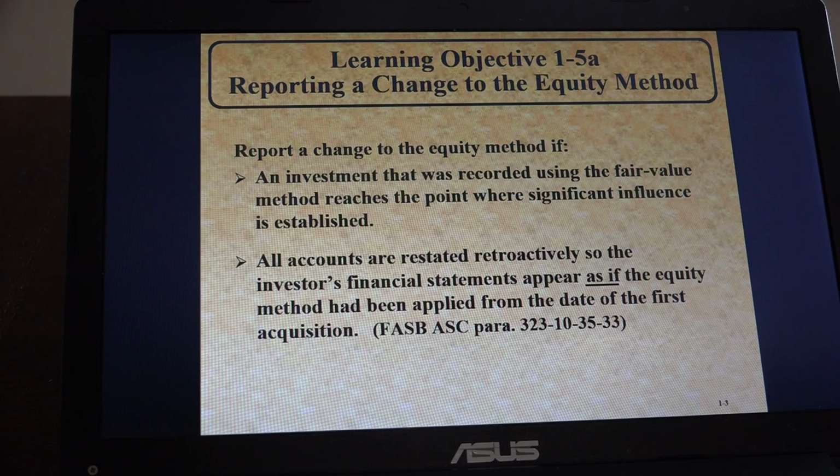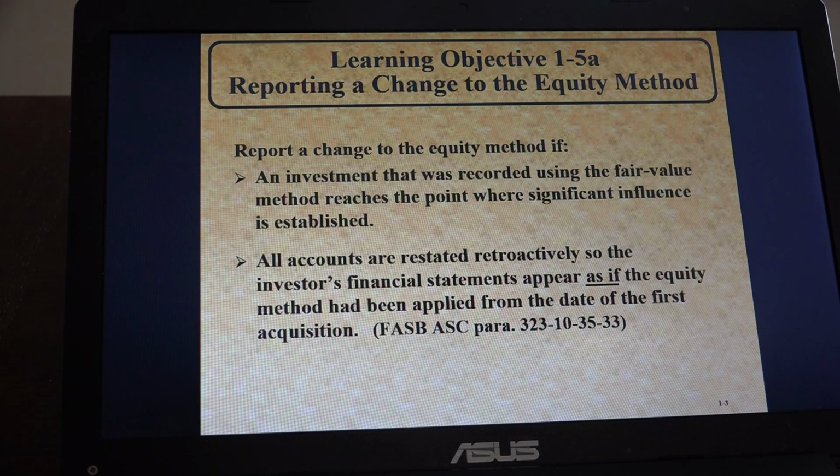So if you look on page 14, you've got this company, Giant Company, who invests in 10% of Small Company in 2014. And so during 2014, Small Company has net income of $70,000, cash dividends of $20,000, then $110,000 income, dividends of $40,000, and at January 1, 2016, $130,000 net income, cash dividends $50,000.